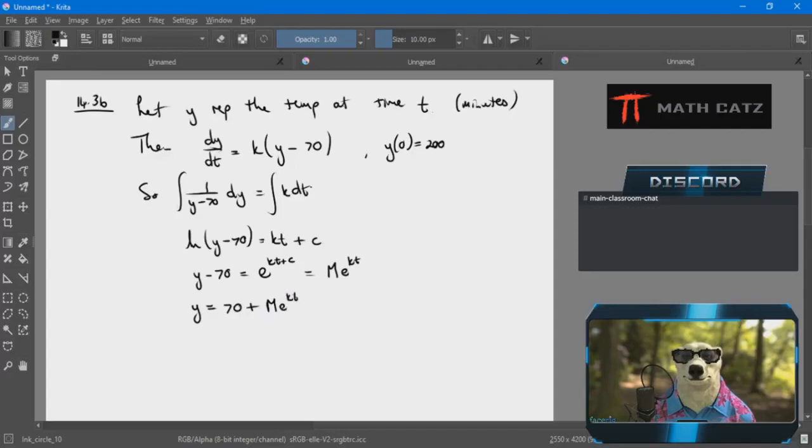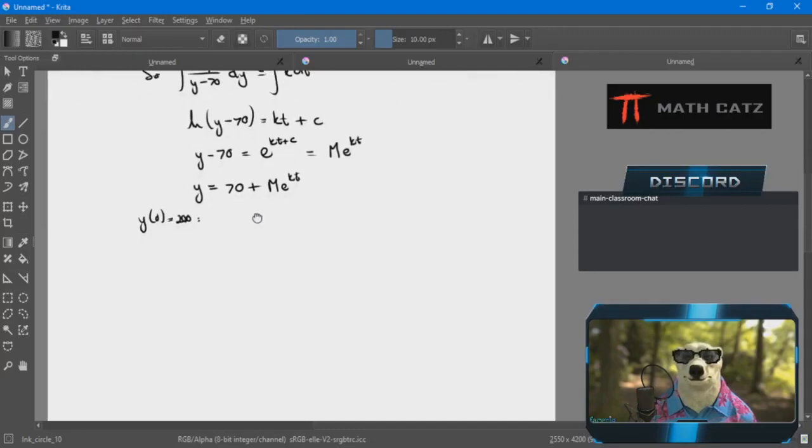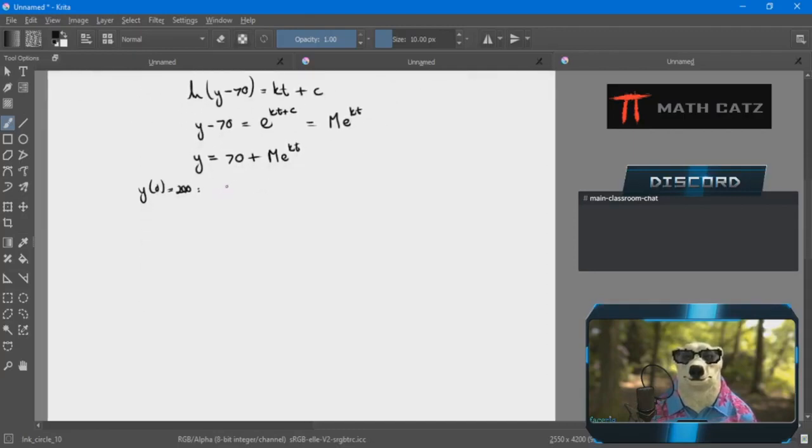I have my general solution, or a version of it, and then initially I have a temperature of 200. So 200 for y, everything else is the same, and t is now 0, making this a 1.